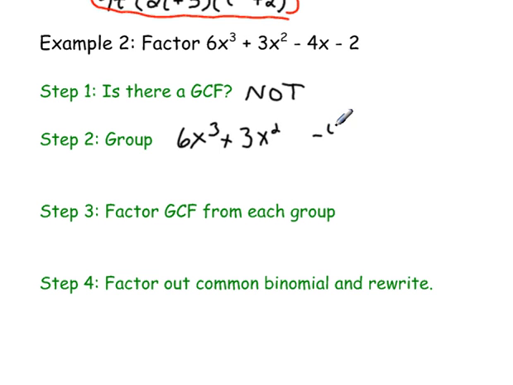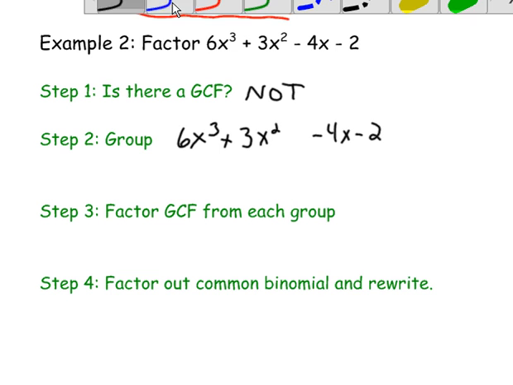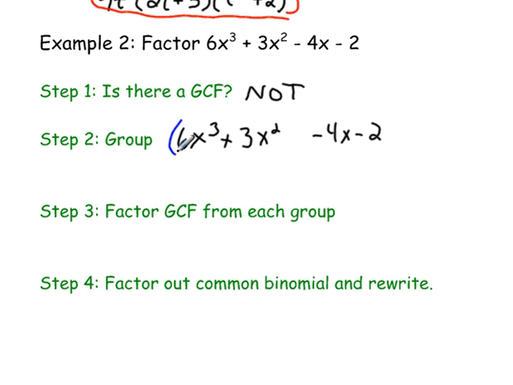Minus 4x minus 2. Okay, as I group these, I'll put a plus sign in between the two groups. Because this one had a negative 4 on the third term here. Okay, so I grouped them.